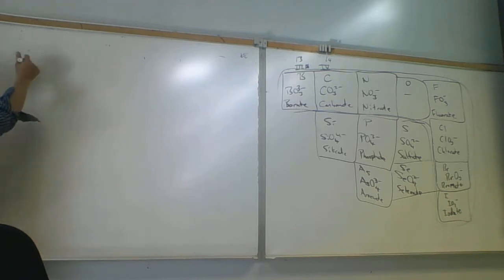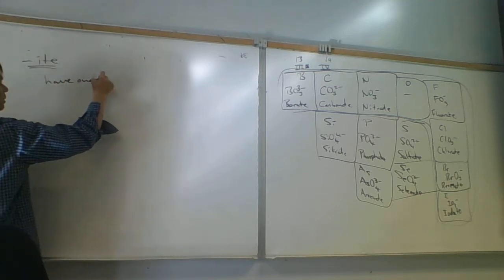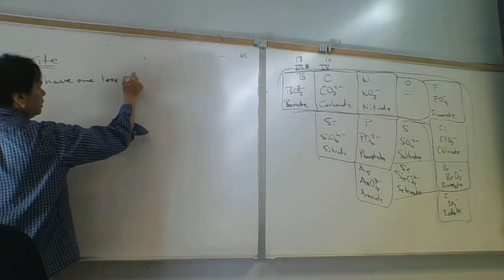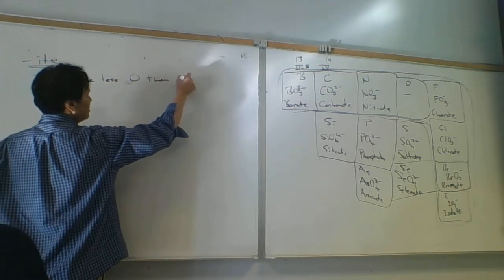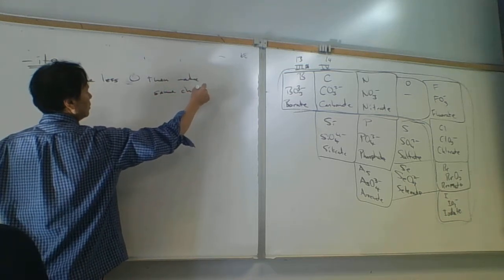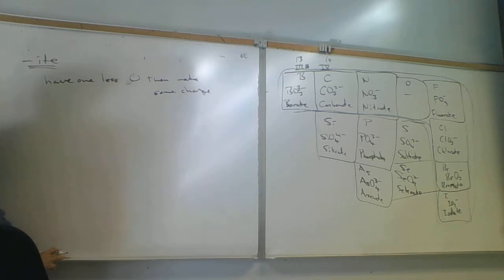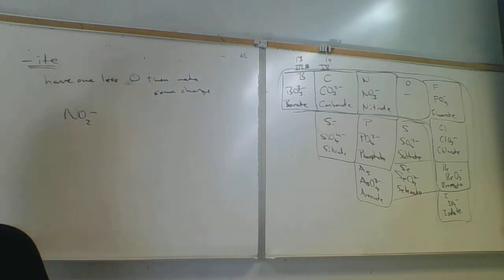And then we have the ites. The ites have one less oxygen, one less O than the ates, same charge. So that would be something like NO2 minus.